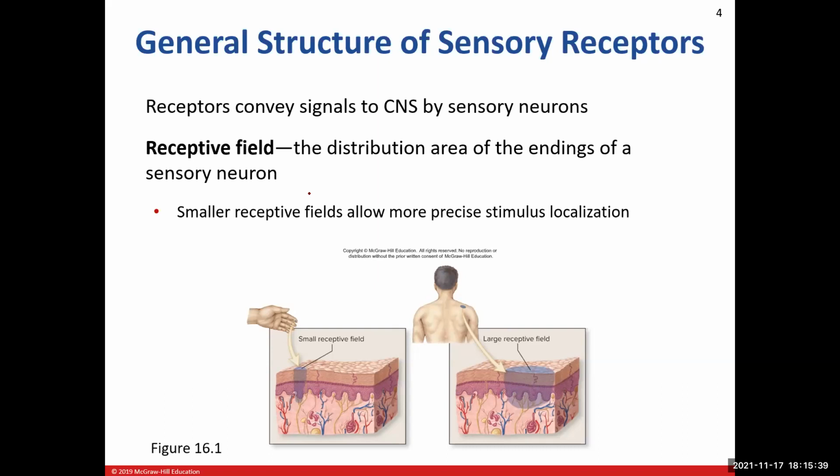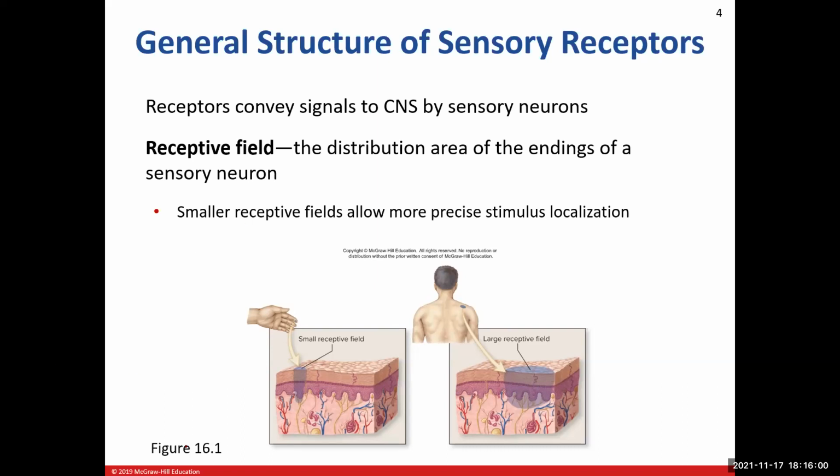So the sensory neuron on one end, you're going to have the axon, which is going up to the central nervous system. And at the other end, you'll normally have a process, usually a dendrite, that extends out into the periphery somewhere. And at the end of that process, you'll have these small little endings that come off.